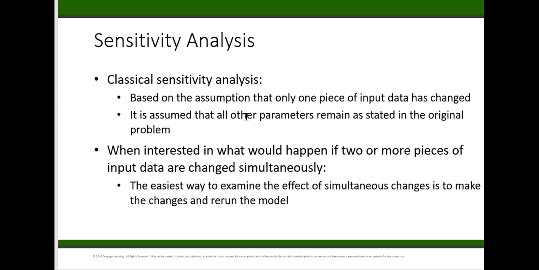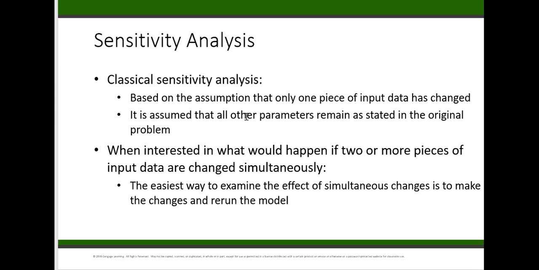If you want to see, for example, what happens if the price of item 1 and item 2 and item 3 all go up by 5%, and if the demand goes down by 10% at the same time.